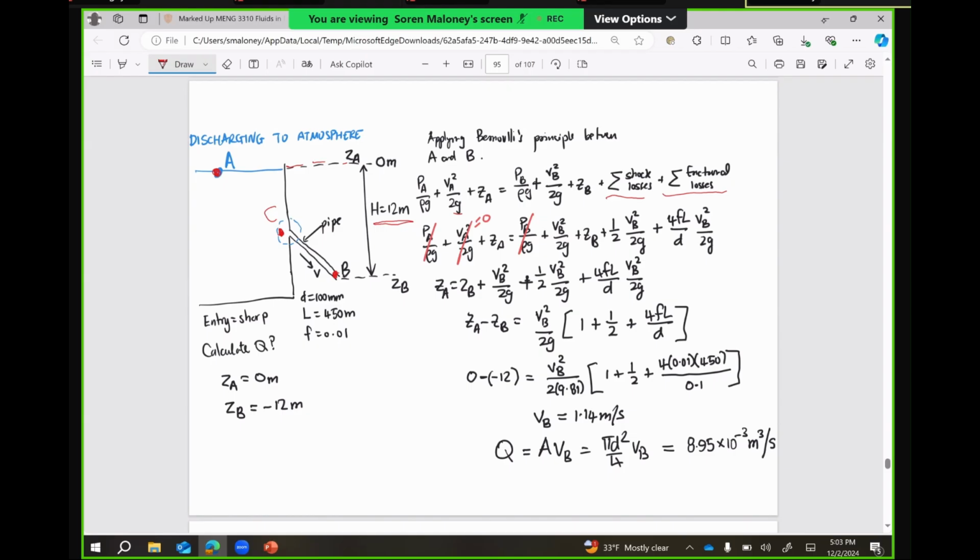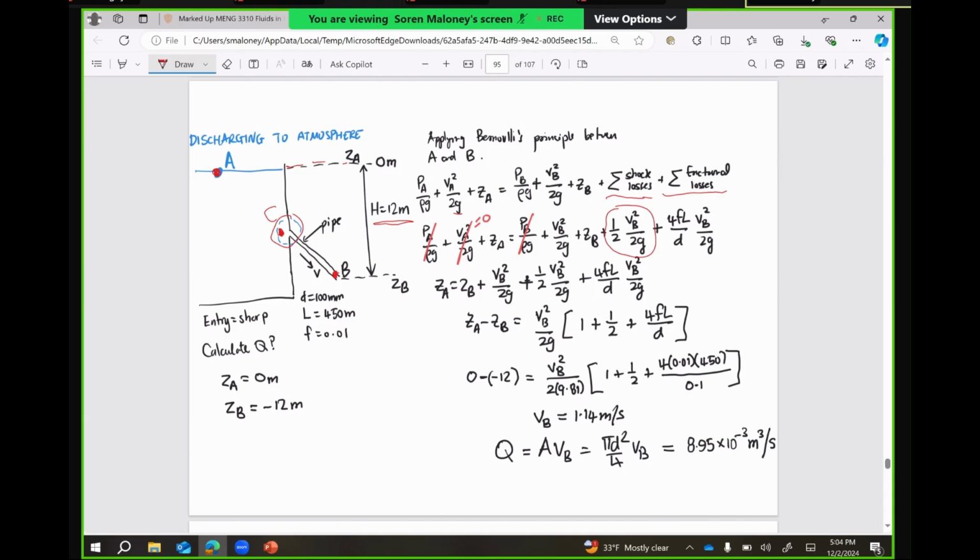And then we need to identify all the locations where we're going to have our shock losses as well as our frictional losses. So we did that. We identified that we're going to have a shock loss at this location right here, where we're going from a reservoir into a pipeline. So it's basically a contraction. We call it a special case.